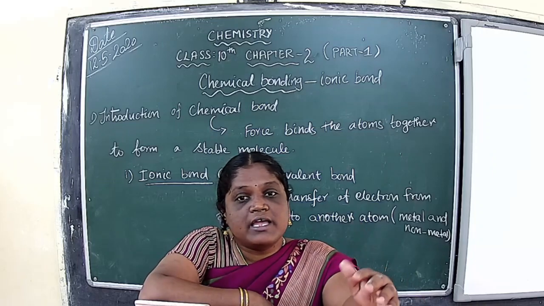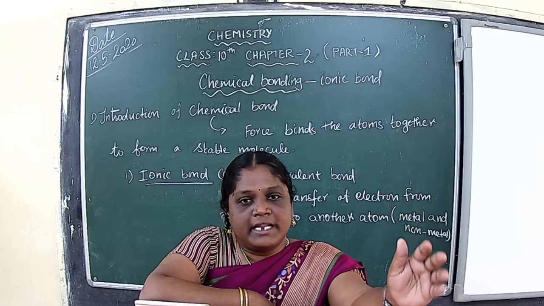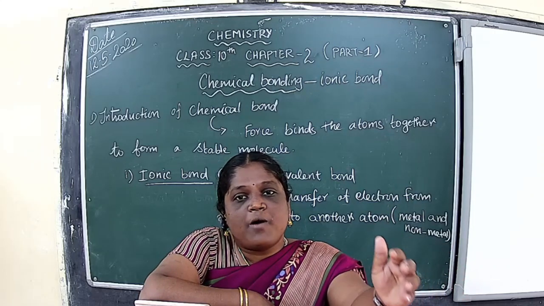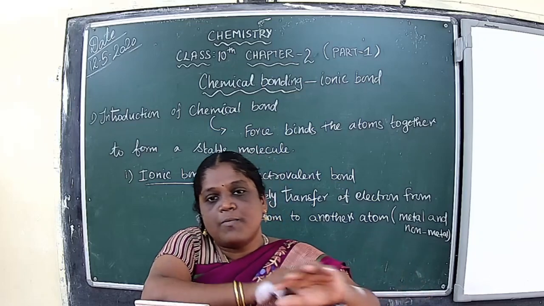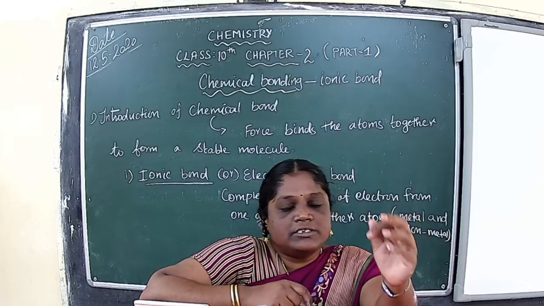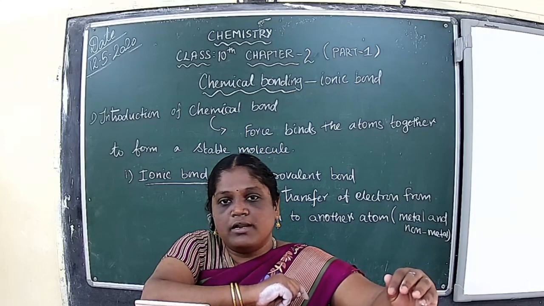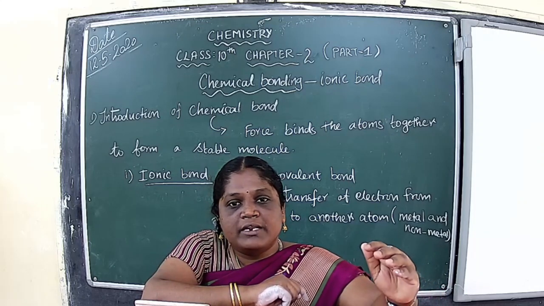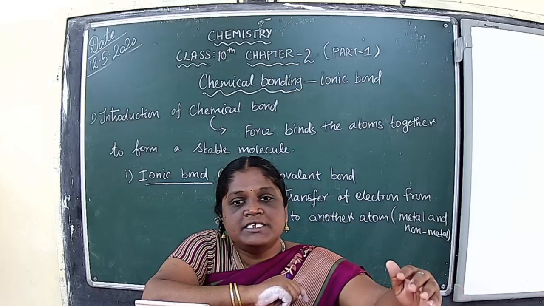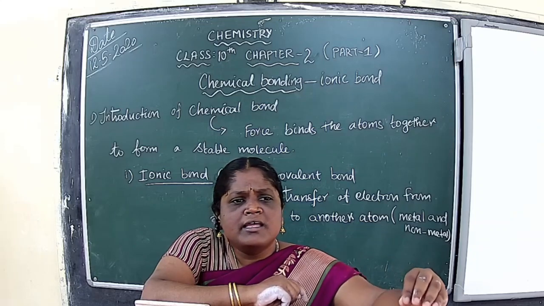When a metal loses the electron, it forms an electropositive character, electropositive nature, and it carries the positive charge, as we already know. And after that, non-metal means the tendency to gain the electron.